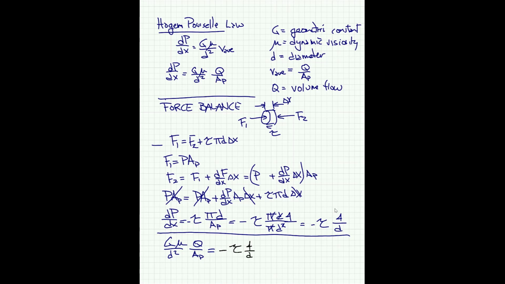And this now gives us an expression for the shear stress. Okay, so from the previous page, we're going to take this expression and substitute in the expression that we just derived for the shear stress. All right, so we'll do that on the next page.